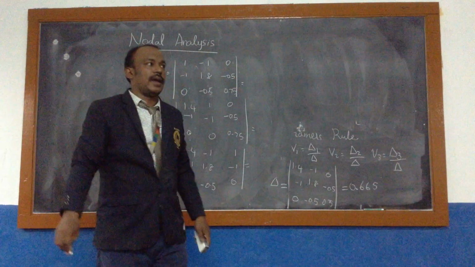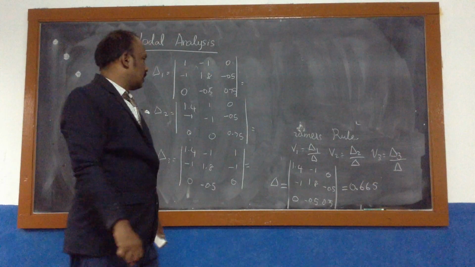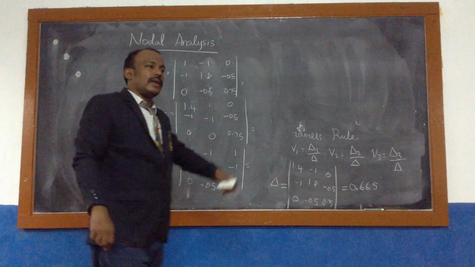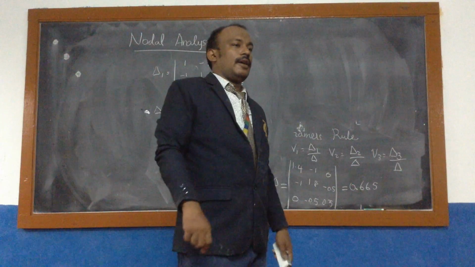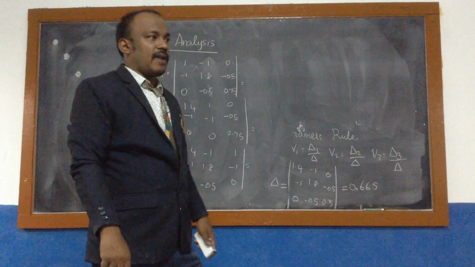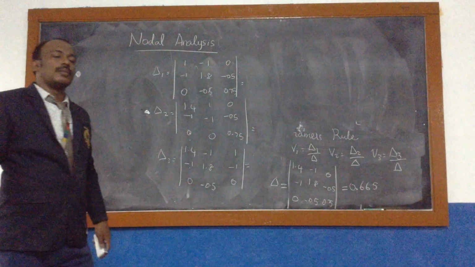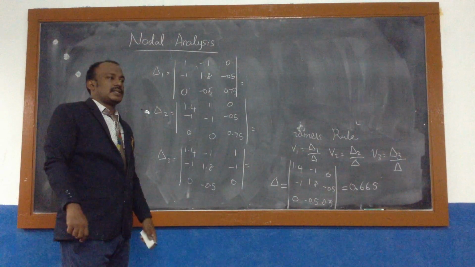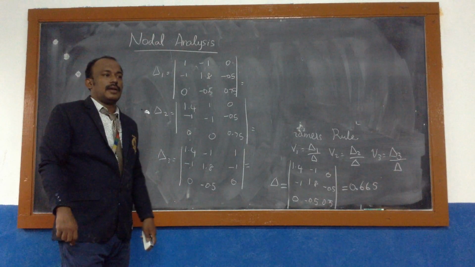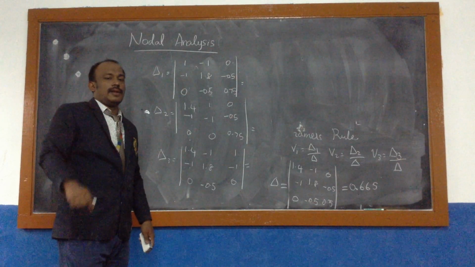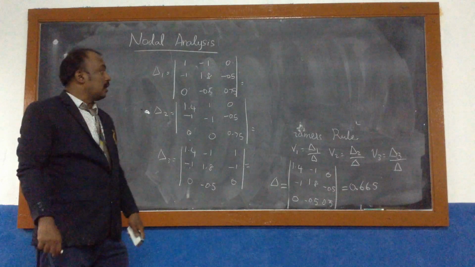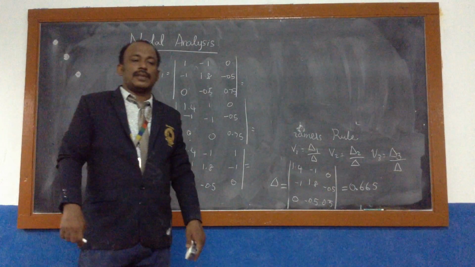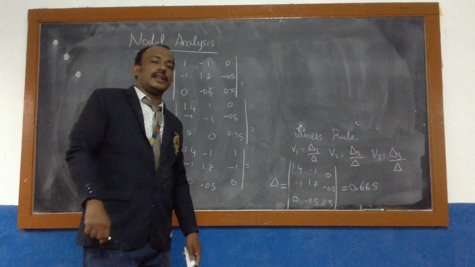Okay. Similarly, you tell me the values by calculating. Tell me how to find, one by one you tell me. Del value is 0.665. Similarly, tell me what is del 1 and del 2 and del 3.